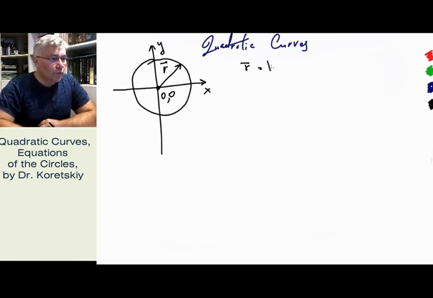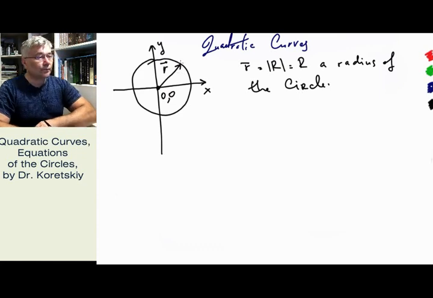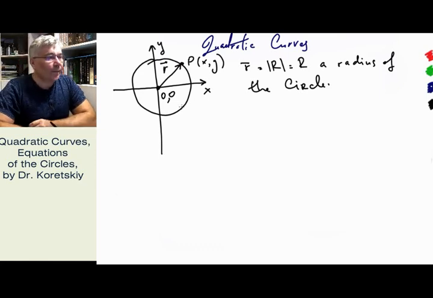The length of r small is the radius of the circle. The radius vector joins the origin point and the point P on the circle curve, and it has coordinates x, y.